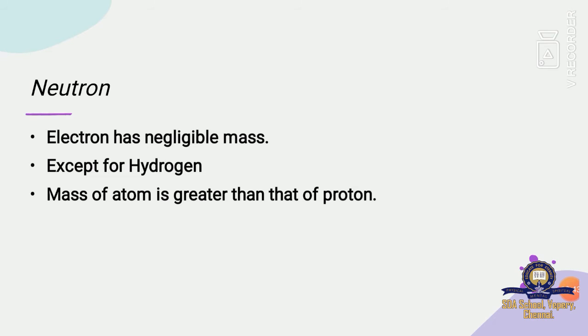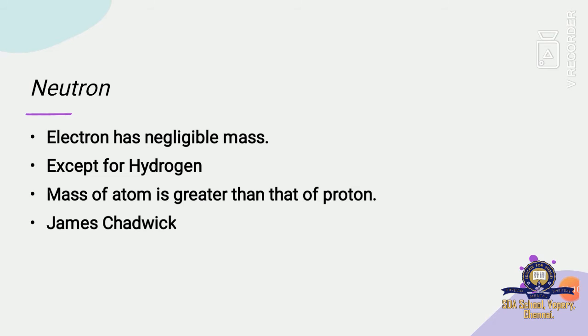So the mass of atom is greater than that of proton, and this was explained by the scientist called James Chadwick. And there was another particle, right? That particle is said to be neutron. This made the way for the presence of one more kind of particle which has the same mass of proton but no electrical charge.